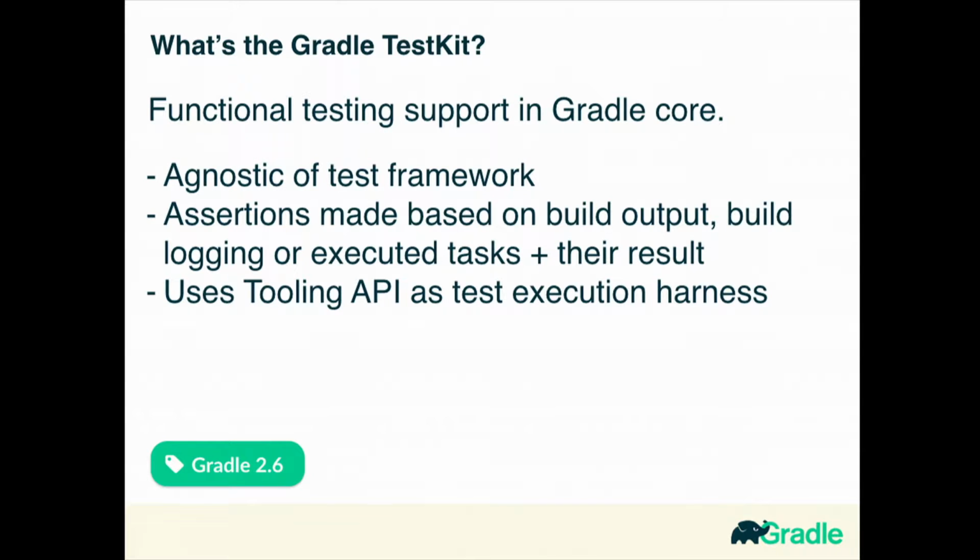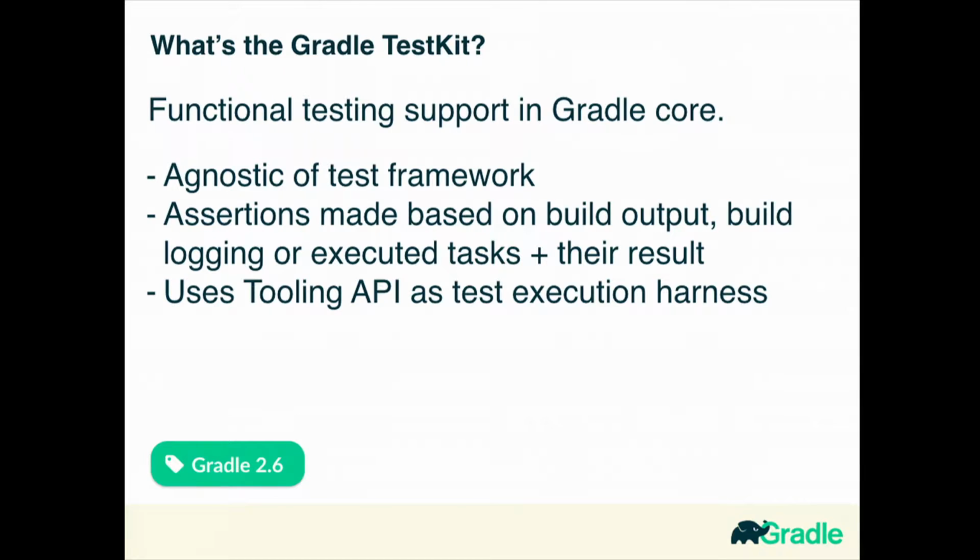And one important aspect is that we basically use the tooling API under the covers. You might have used the tooling API in the IDE. You might not know that you did, but many of the tooling providers actually use the tooling API to bootstrap a Gradle build. One thing that's kind of important is that when you run a build through the tooling API, then you basically execute the build in the Gradle daemon, as we usually know that.